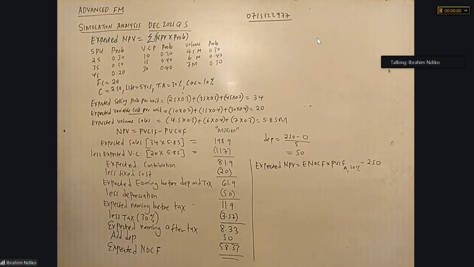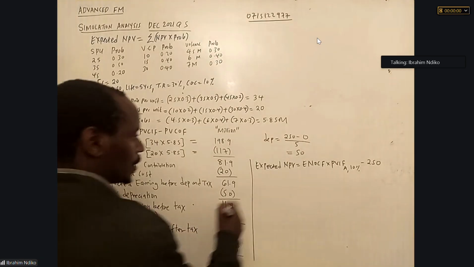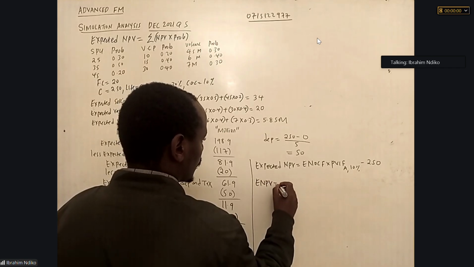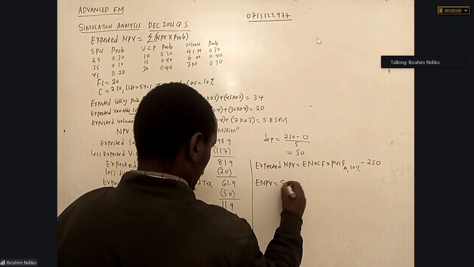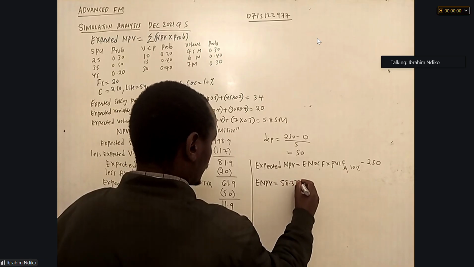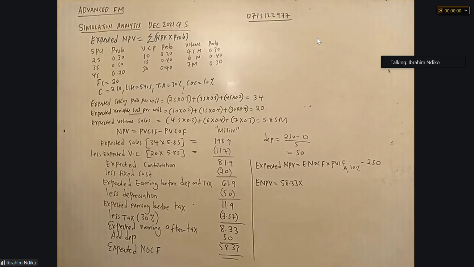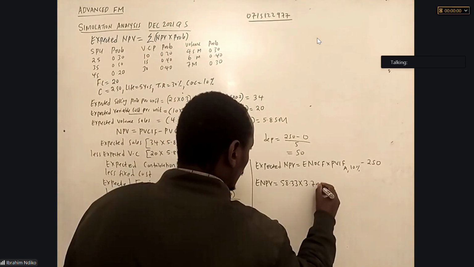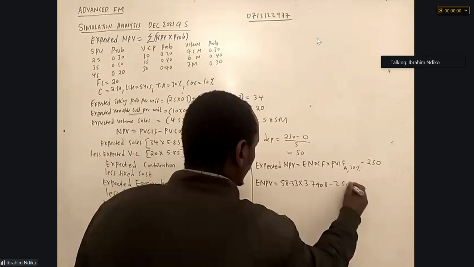Itakuwa sawa hivyo. So expected NPV itakuwa ni 58.33. You go to our table, 10% year 5 annuity, 3.7908. Minus 250.